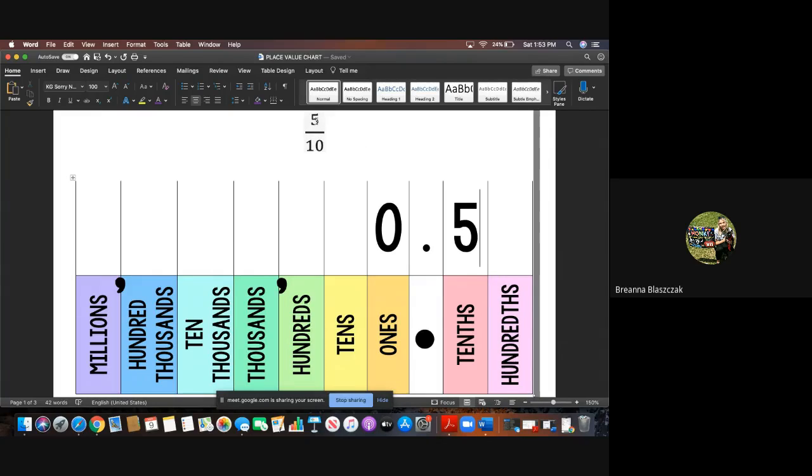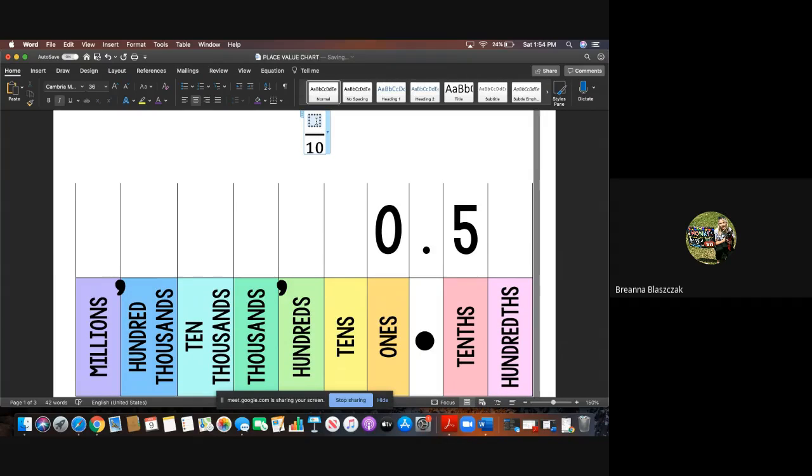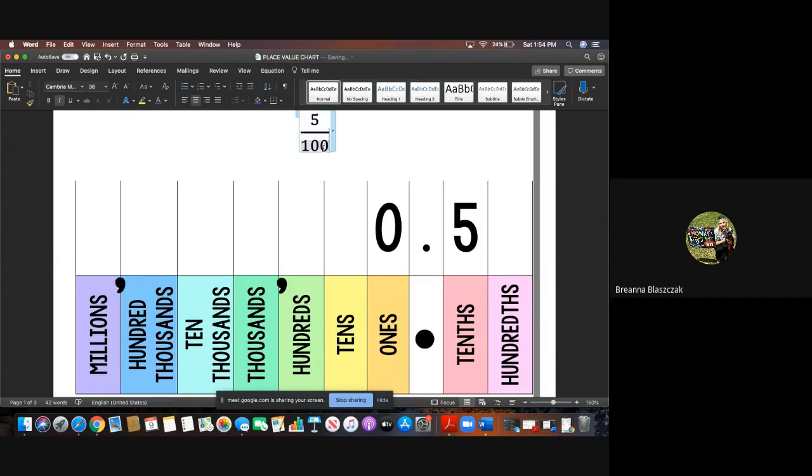We can also have hundredths now. So let's say I have, let's keep it 5, but my denominator is 100. Again, we have no whole number because this isn't a mixed number. Now 5 100ths, 5 hundredths. So 5 will be in our hundredths spot.